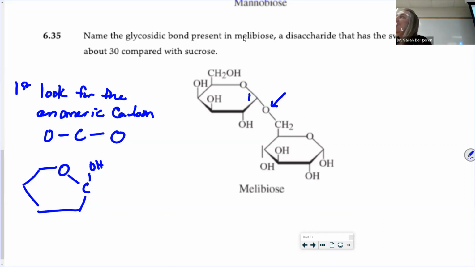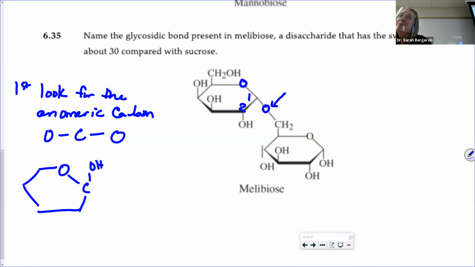So that's carbon 1. Now, in this case, carbon 1 is the anomeric carbon because it's bound to 2 oxygens. Carbon 1 is not always the anomeric carbon. Most of the time it is, but not always, so be careful with that. Then we go around the circle, away from the oxygen.